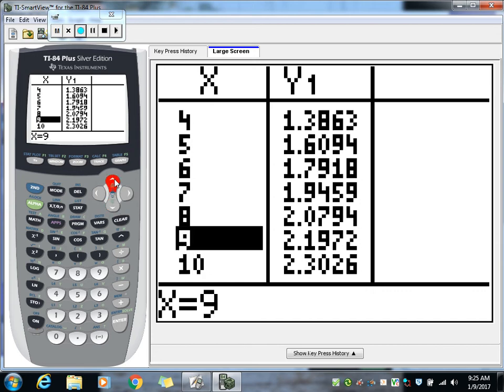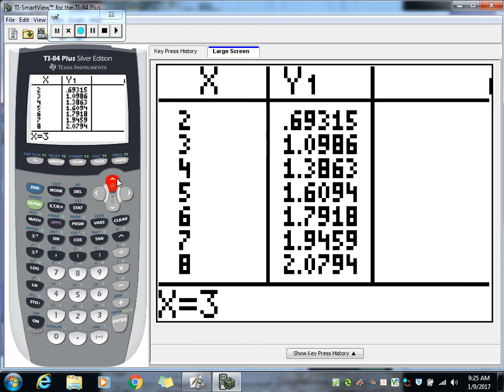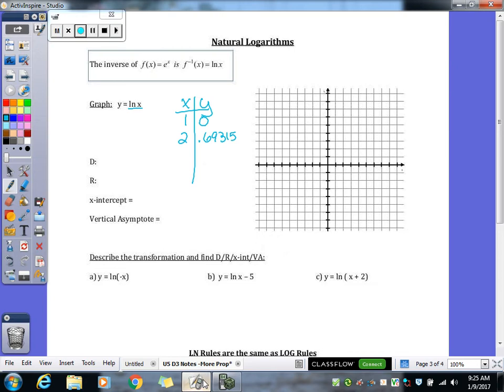Doesn't look likely. So I'll use 3 and then 1.0986. So we'll graph those. 1, 0, 2, 0.69, so we're a little bit more than halfway. And then 3, 1.0986. And we'll draw our graph.